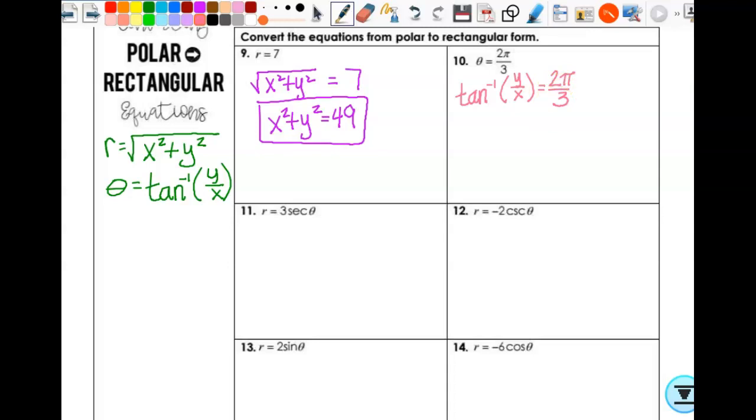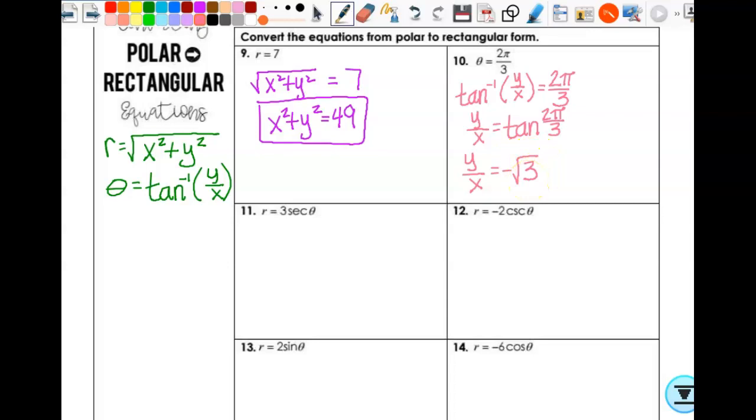So the opposite of taking the tangent inverse is taking the tangent. So when I take the tangent of both sides, I will get y over x equals the tangent of 2 pi thirds. Okay. What is the tangent of 2 pi thirds? Negative square root of 3. Very good. So y over x equals negative square root of 3.